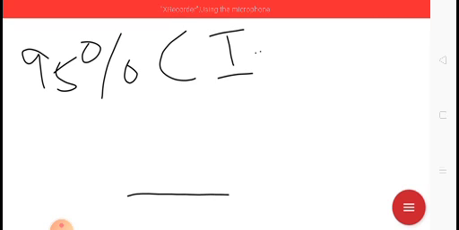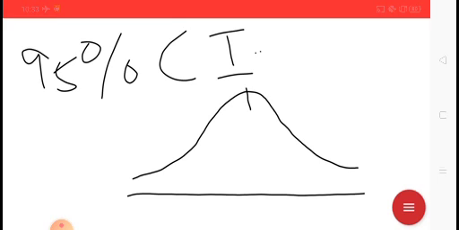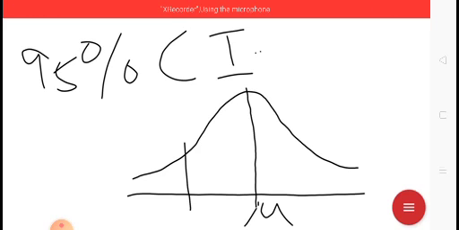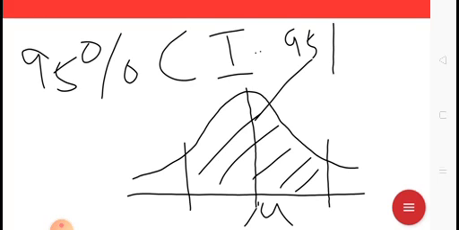So simply, if you draw a normal distribution curve, the mean will be at the center. 95% confidence interval means 95% of the area. If you convert to probability, this one will be 0.95.